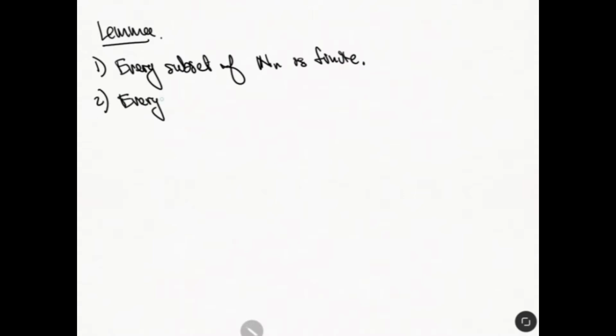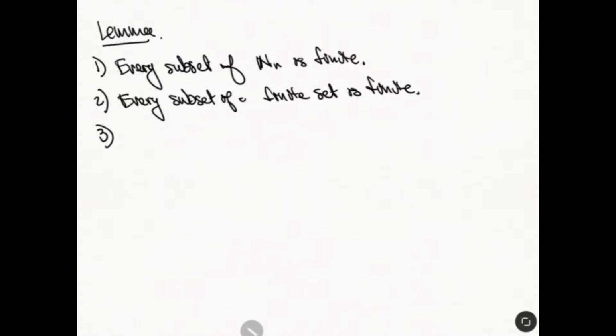Let me write it as 1. So every subset of here. Okay, 2, every subset of a finite set is finite.